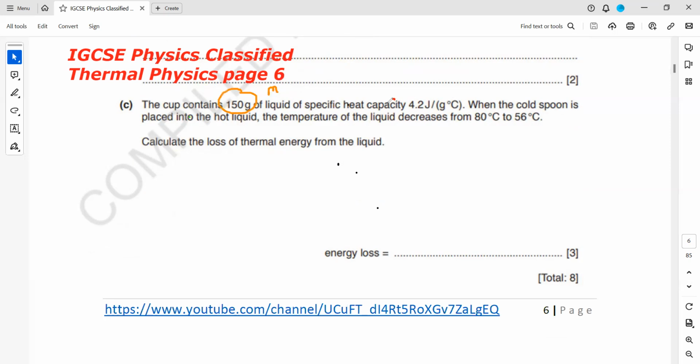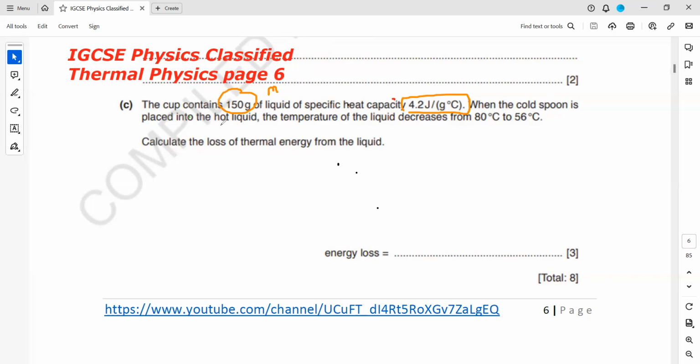Here specific heat capacity is given, 4.2 joules per gram. If the specific heat is in gram, I don't have to convert the mass into kilogram. Mass should also be in gram. If the specific heat capacity was in kilogram, then I should use the mass also in kilogram.